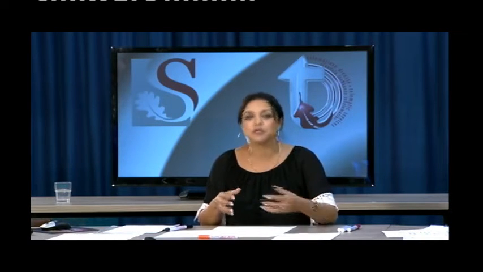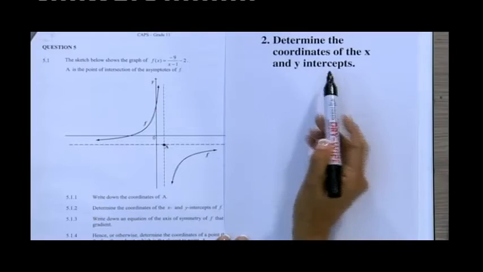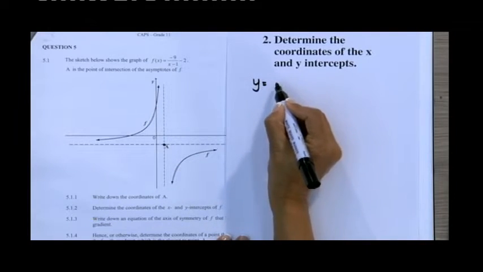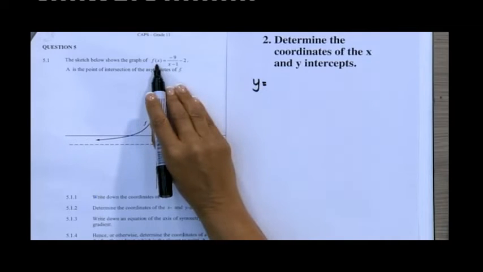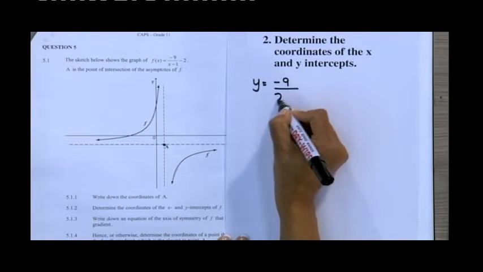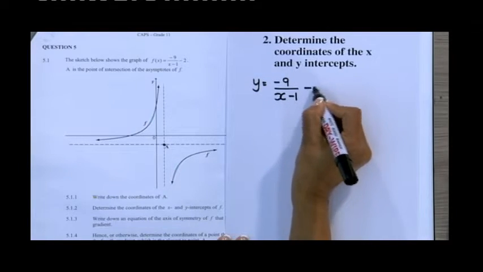If you are asked to determine the x-intercept, you merely make y 0. Do you understand? So I'm going to take my equation. Remember, this is f of x here, but f of x is y. It's -9 over x minus 1 minus 2.